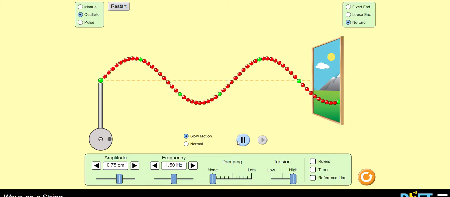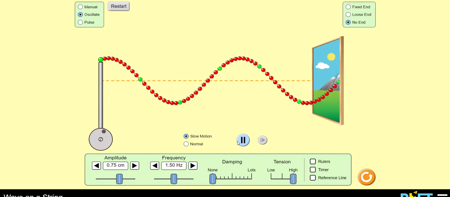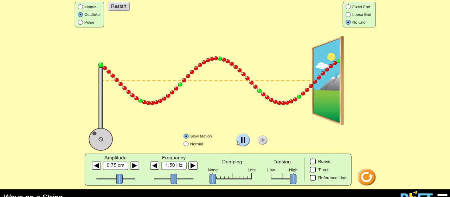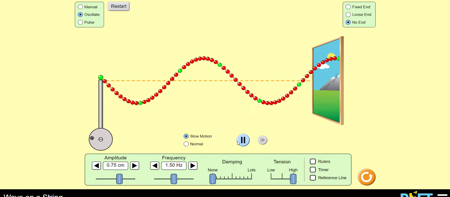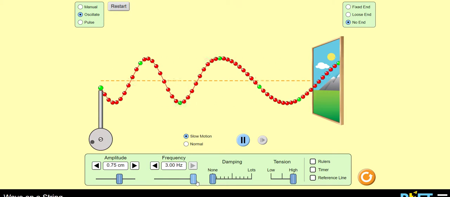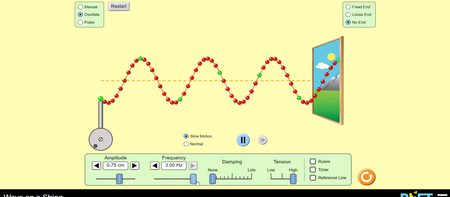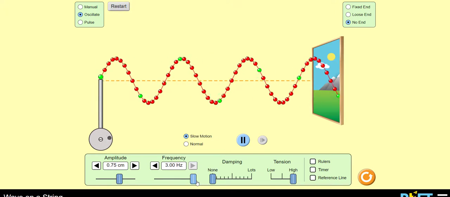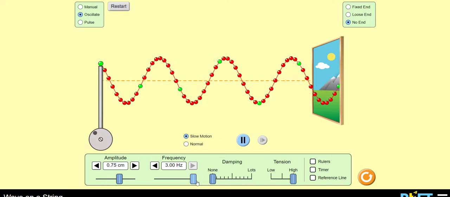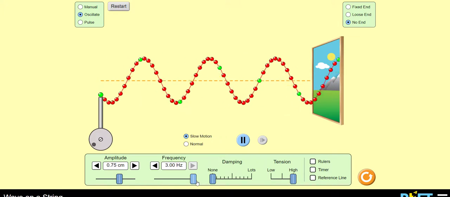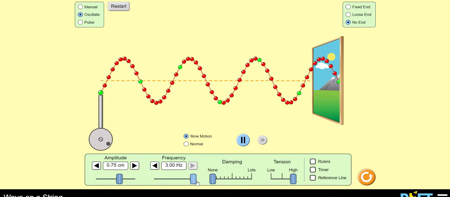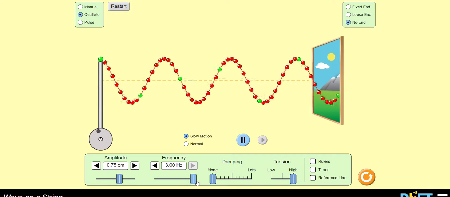What would happen to the wave speed if I were to increase the frequency to 3 Hz? Let me just do it and you take a look. You might want to go back a few seconds to compare with the simulation at 1.5 Hz. It would appear that things are moving quicker now, but the key is to be precise about what these things are.